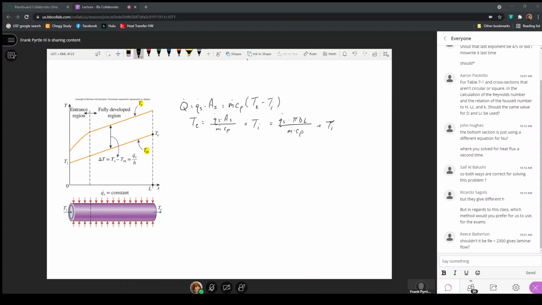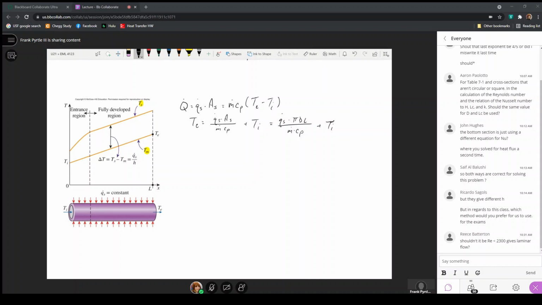Now, this heat flux, if it's defined on the outside of the pipe, the surface area would be the outside surface area, which would be pi times the outer diameter of the pipe times the length of the pipe. If the heat flux is defined on the inside of the pipe, then the heat transfer rate, capital Q dot, is just the heat flux times pi times the inner diameter times the length of the pipe.